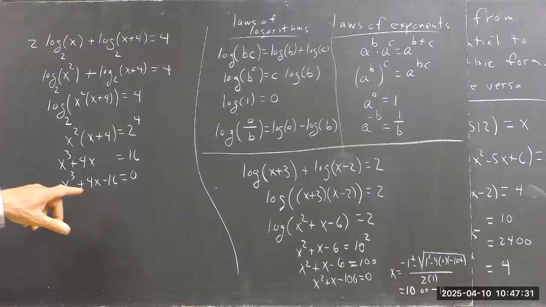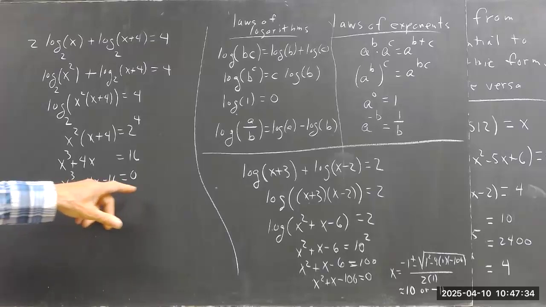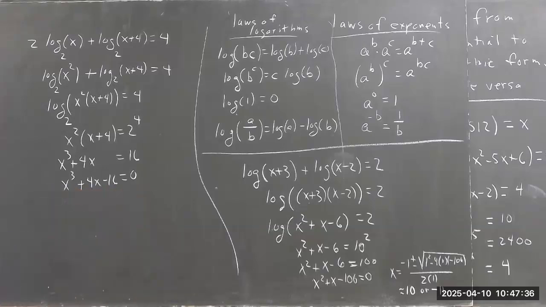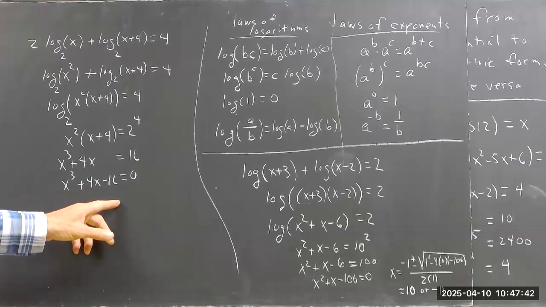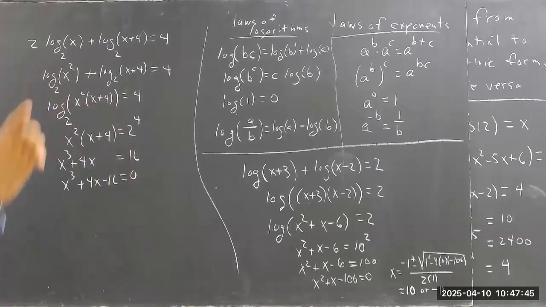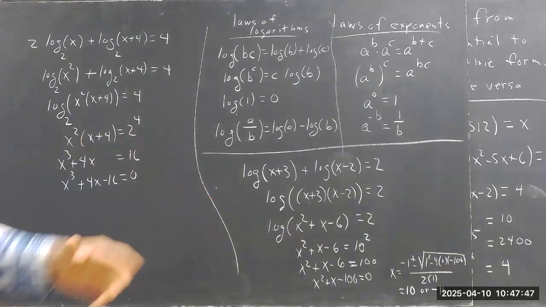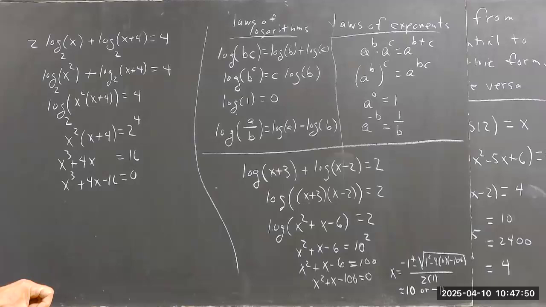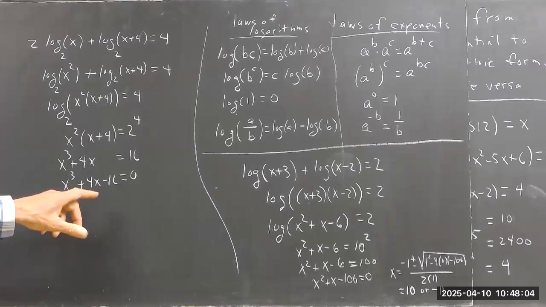We could play around with numbers and see if we can find a number that makes this 0. For example, if x equals 4 made this 0, we could divide by x minus 4 and factor it into x minus 4 times a quadratic, and then solve it. We've seen that in the stuff on polynomials. With that x cubed there, I think the best we're going to do is maybe try 2. If x was 2, we'd have 8 plus 8. Oh, look at that. x equals 2 works.